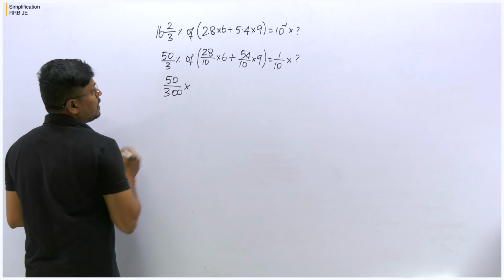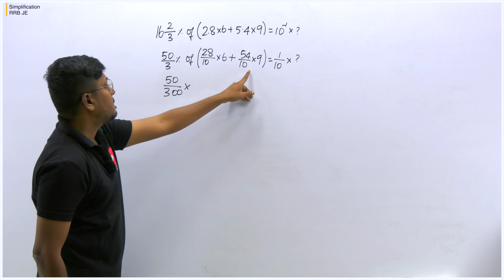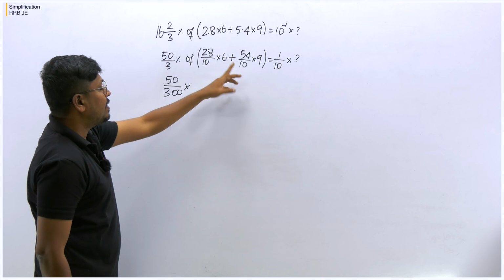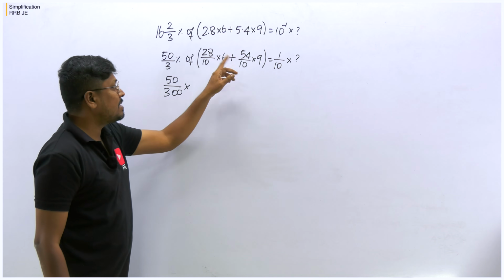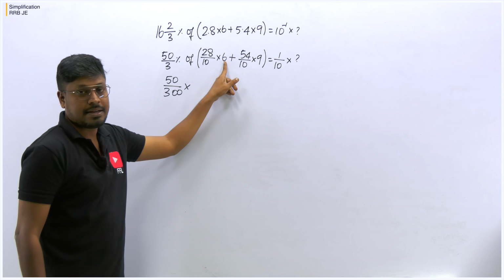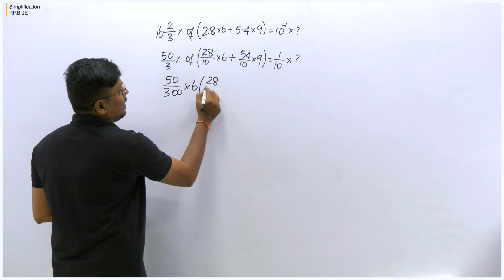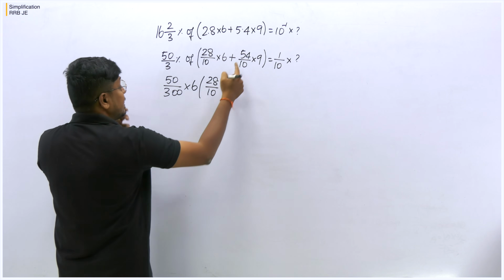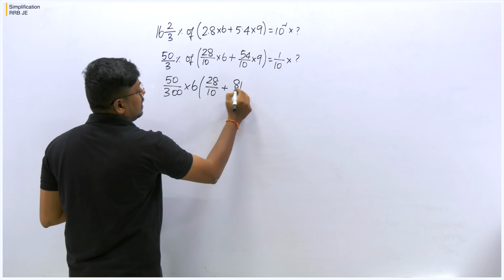So now I can write this 50 by 3 as 50 divided by 300. We don't want to cancel it. Why? Because if I cancel it, we have to multiply the numbers. Better, instead I can take 6 outside. If I take 6 outside as common, the remaining number we have is 28 by 10. And taking 6 outside as common, 9 6s are 54, so 81 by 10, right?